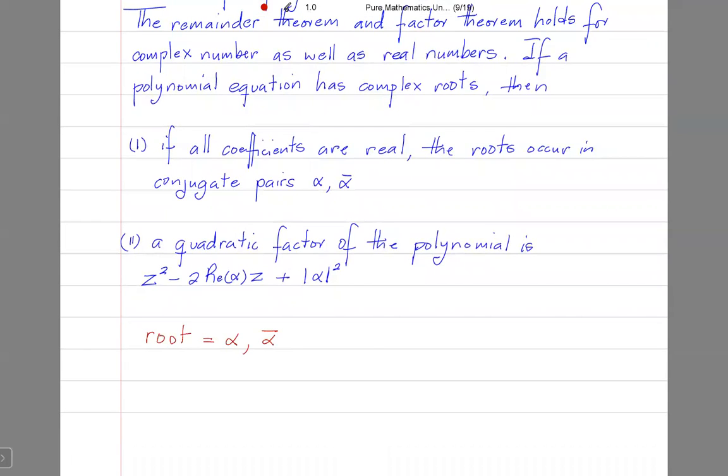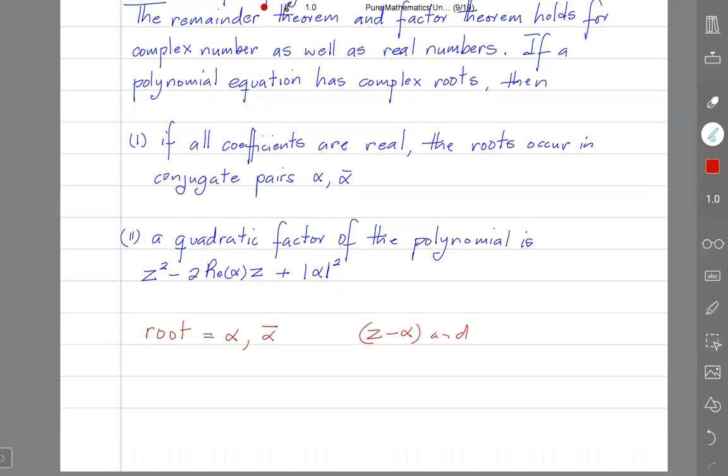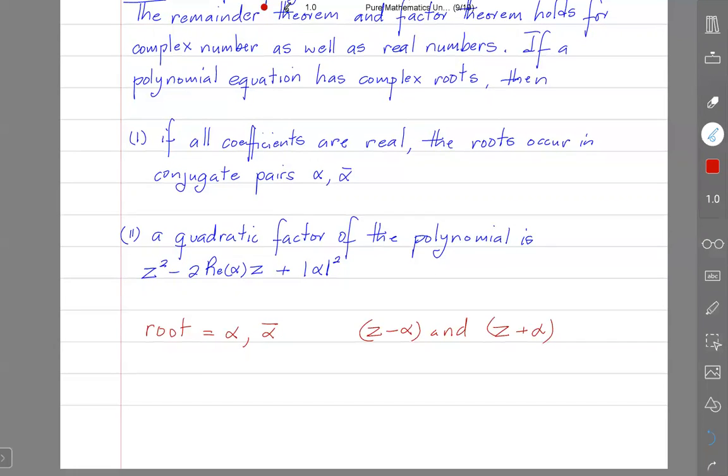If those are your roots, it means that z minus alpha and z minus alpha conjugate are factors.